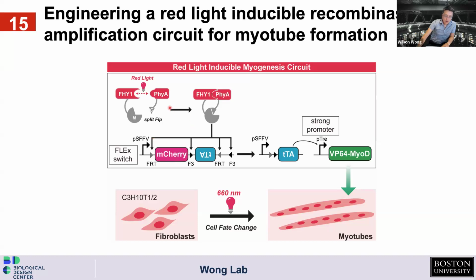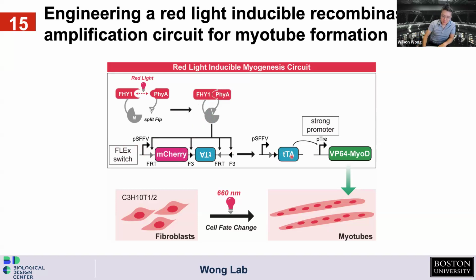Then when we have the Flp expressed, it does two things: inversion and then excision. I'm not going to go into too much detail about exactly how it works. Basically, it will rotate this tTA from an antisense direction into the sense direction relative to the promoter, and at the same time excise this mCherry protein. Okay, so it turns into something like this.